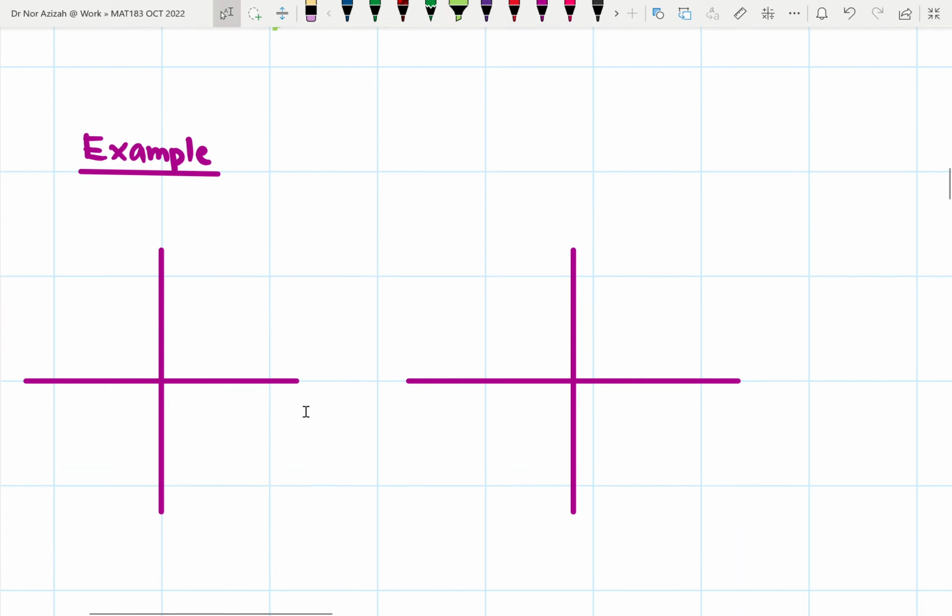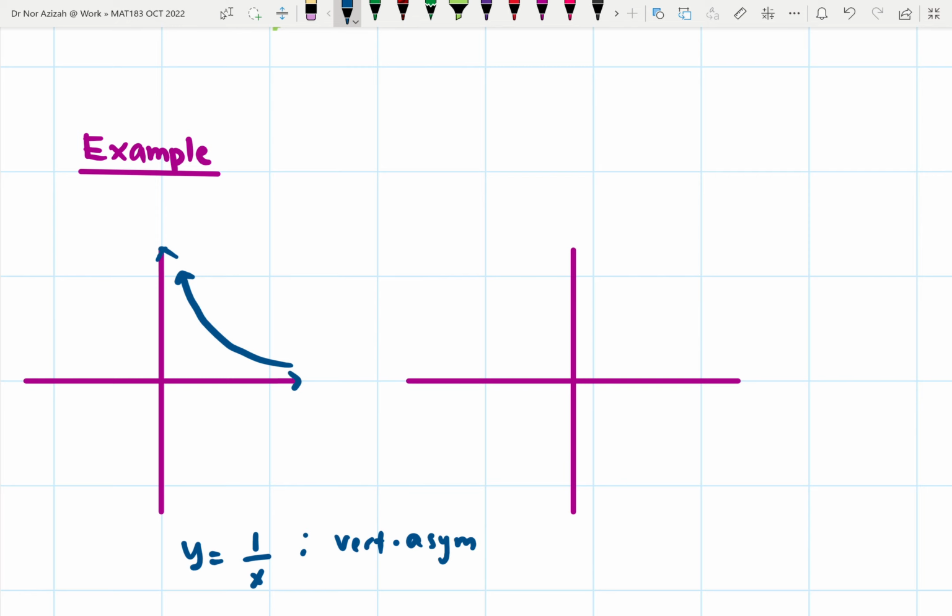okay, before this we consider, do you remember, we consider y equals 1 over x. Okay, y equals 1 over x here. So from the right-hand side here, y goes to 0, because of the vertical asymptote is x equals 0.